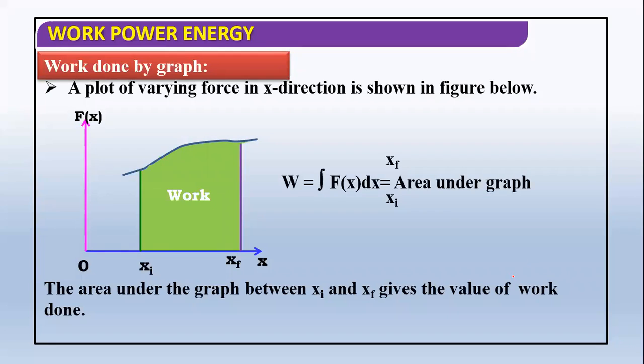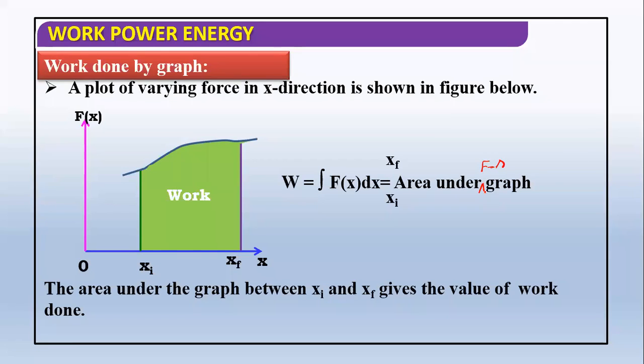If you consider the integration of F ds, what is this? It is the area under the graph. Integration of F with respect to x gives the area under the graph, and that integration is also work. So we can say that work is the area under the Fs graph. The area under the Fs graph is equal to the value of work done by the force.